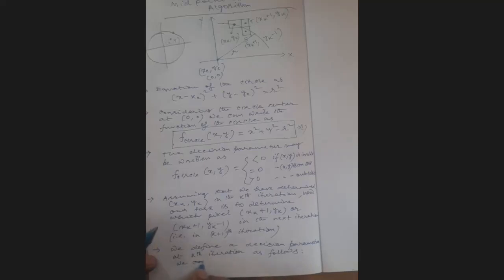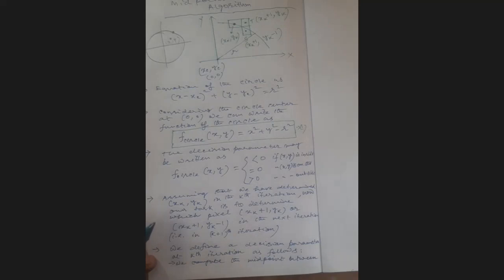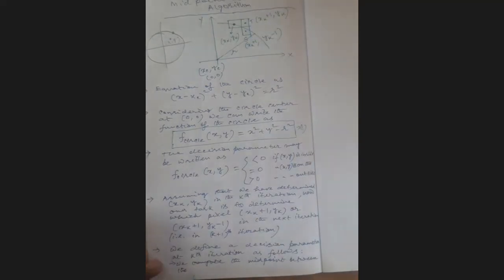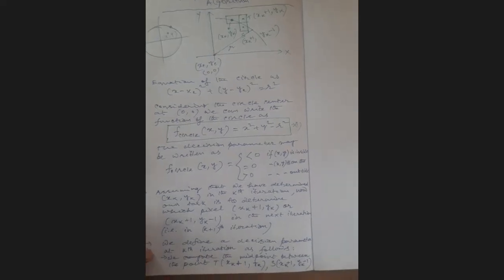As follows, we compute the midpoint between the point T and point S. Point T, which is xk plus 1 and yk, and the point S, which is xk plus 1 and yk minus 1.